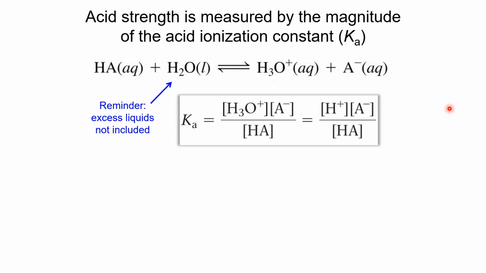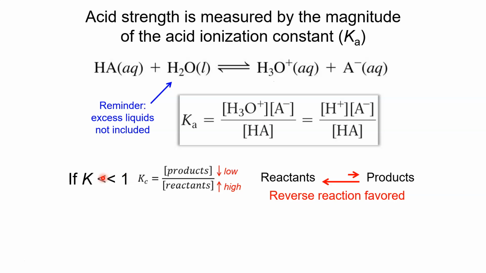Now, if this were a strong acid, there would really be no HA, it would be almost zero, so this would be kind of meaningless. But for a weak acid, where you have values for all three of these, that Ka will be a number that will give you a lot of information.